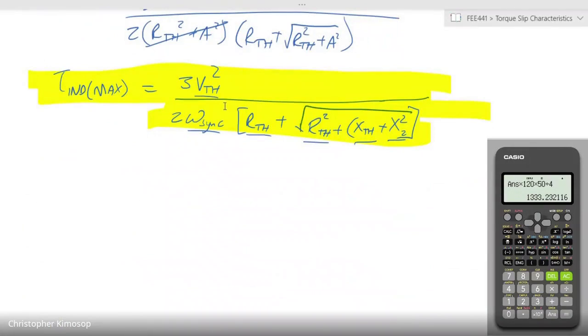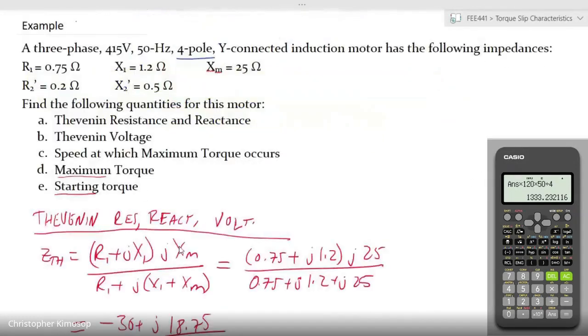We have calculated the Thevenin voltage, R Thevenin and X Thevenin. We need to get the synchronous angular speed. Let's start with that.